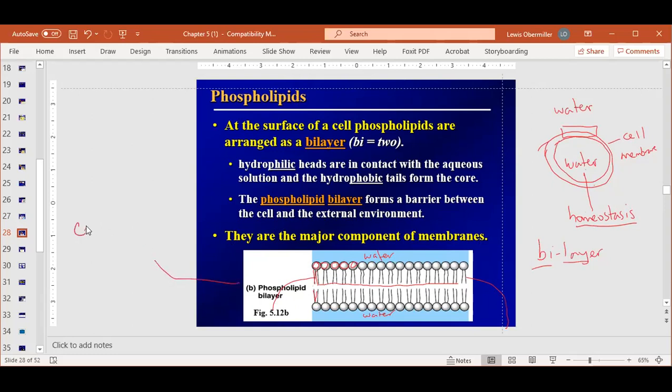And remember we said the smallest thing that has all those properties of life is a cell. That's the cell theory. So all cells are made up of what we call phospholipid bilayers.